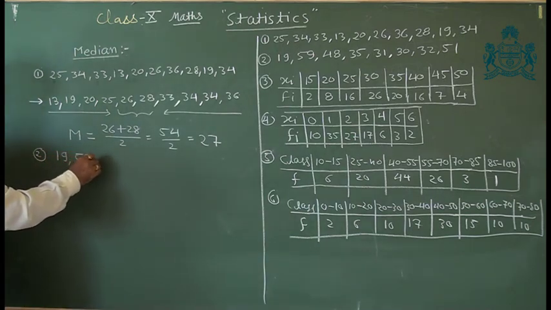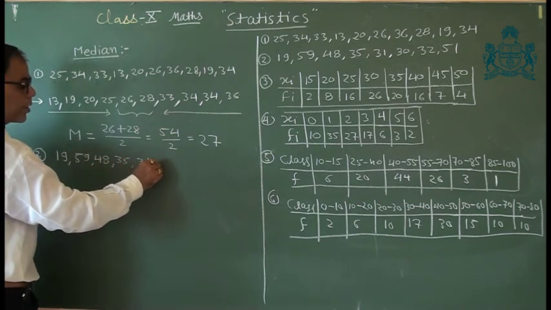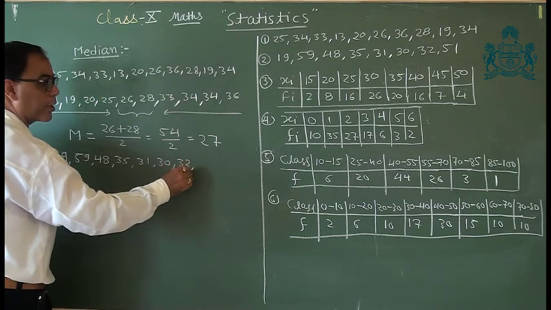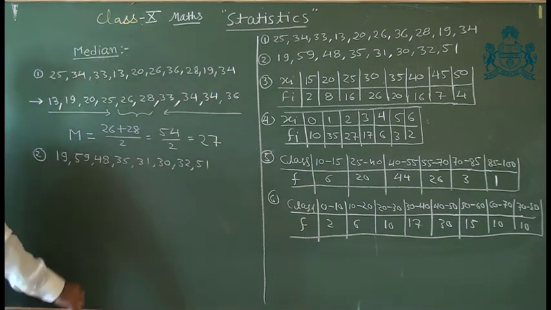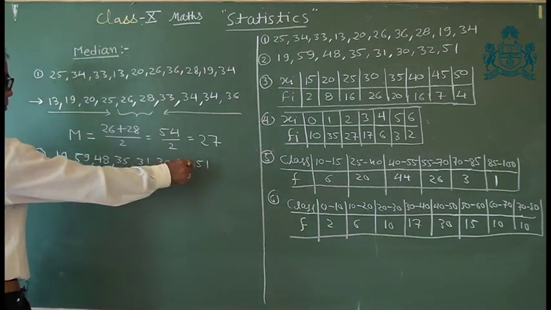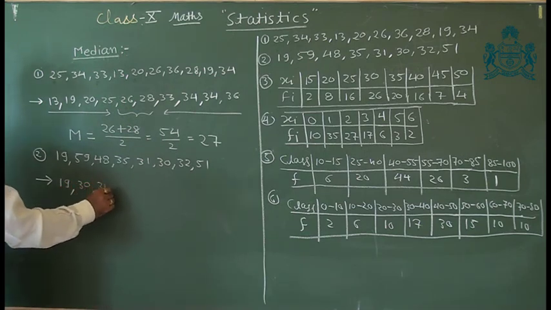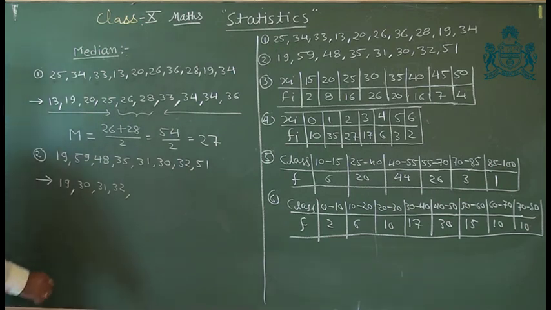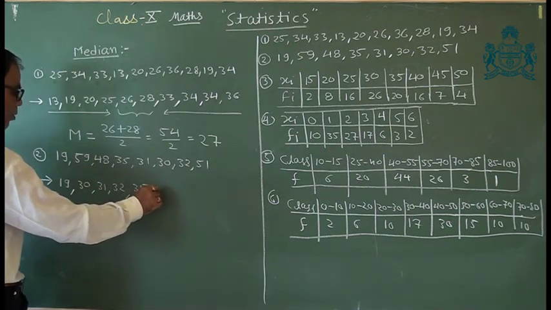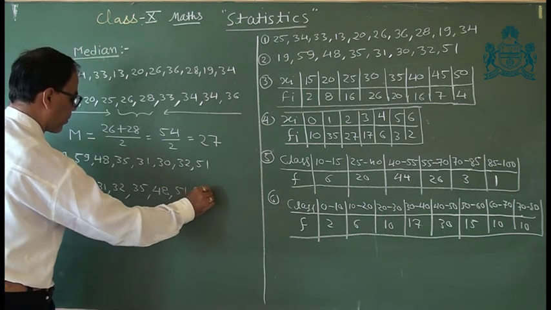19, 59, 48, 35, 31, 30, 32 and 51. In ascending order: minimum value 19, next value 30, next value 31, next 32, 35, 48, 51 and 59.